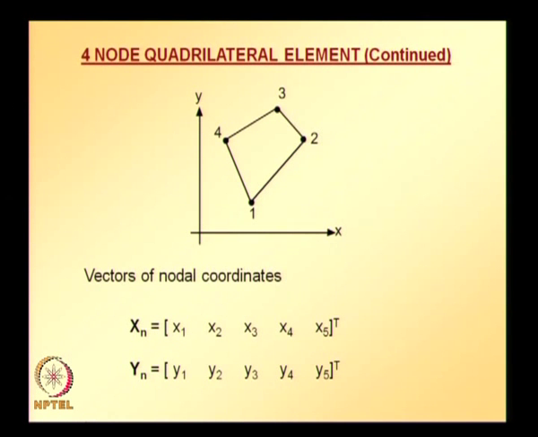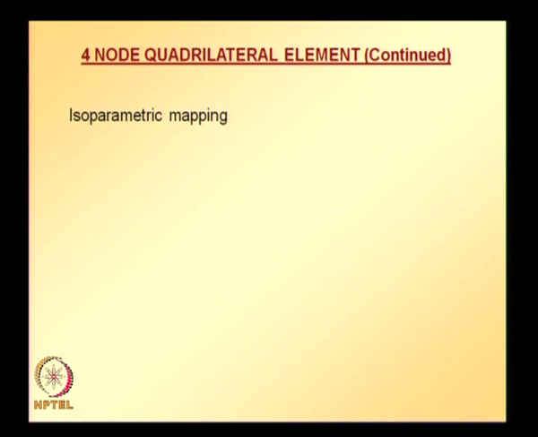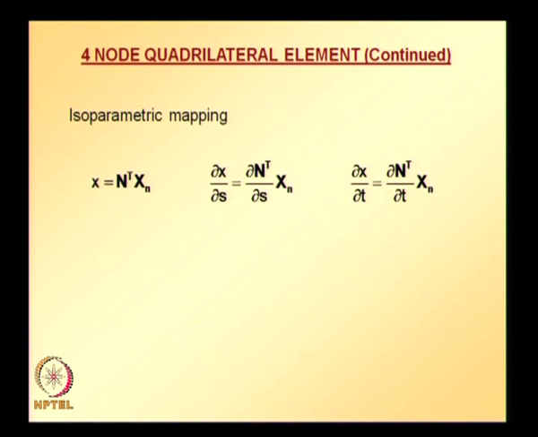So, using the nodal coordinates x1, x2, x3, x4, y1, y2, y3, y4, we can write isoparametric mapping relations which can be compactly written in a matrix and vector form like this.